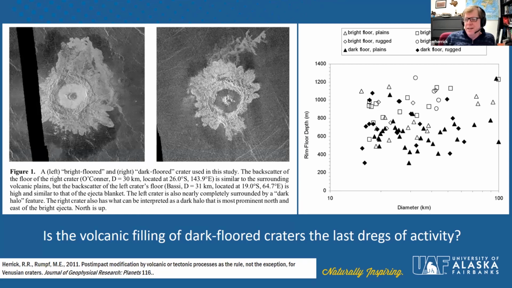As it currently stands, I think I've made a pretty good case over the years that the craters with radar dark flows have in fact experienced some volcanic filling, but you can still reconcile that with the directional view that Ivanov and colleagues have put forth, if you simply say that whatever volcanic filling you see in these dark floored craters, it's really the last dying gasp of a volcanically dying planet. All right, next slide, please.